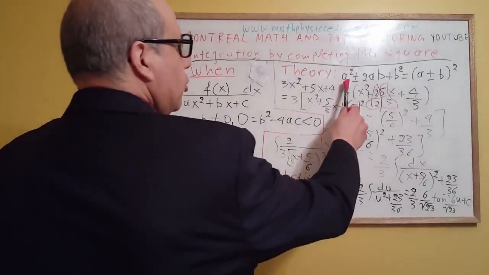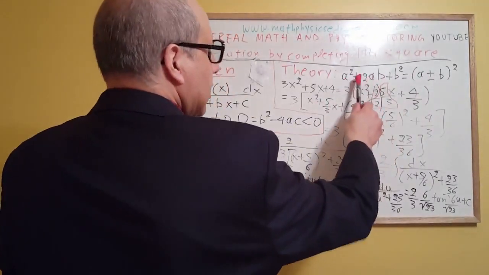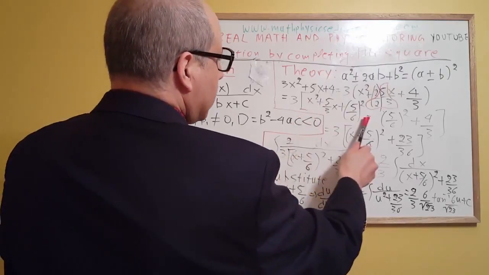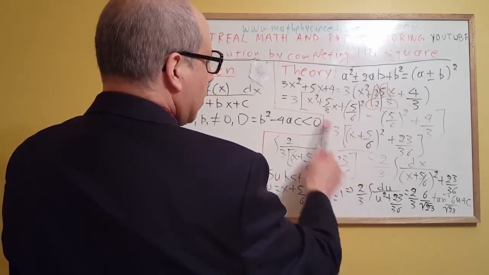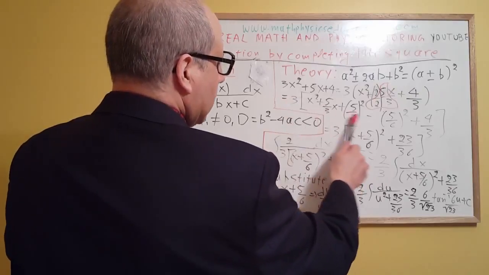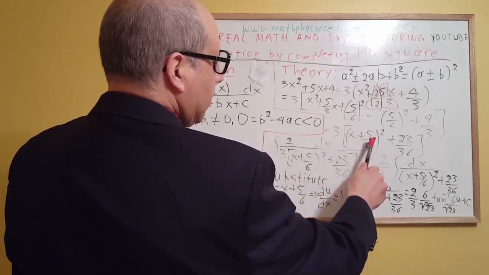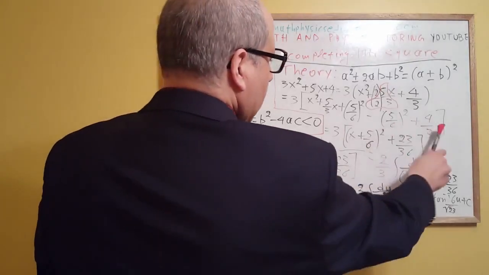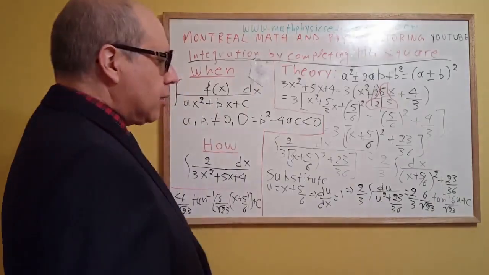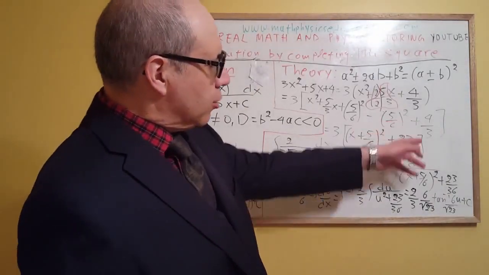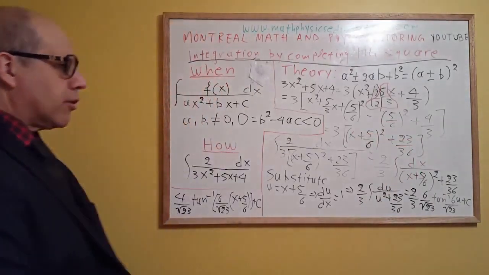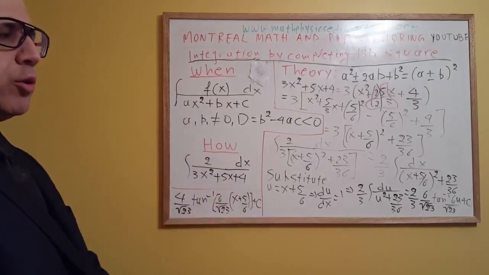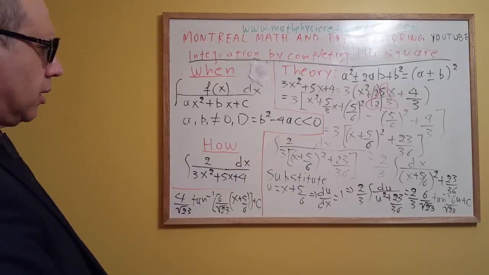Now, if you use this identity with the plus sign, you can write these three terms, with the 3 outside, as x plus 5 over 6 squared. And if you do the calculations, this and this will give you 23 over 36. And that's it about completing the square.